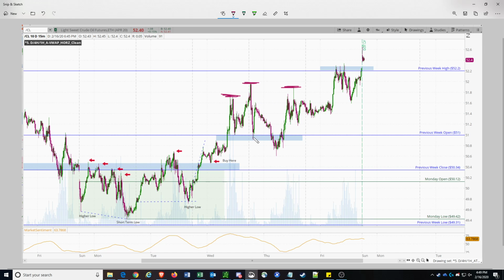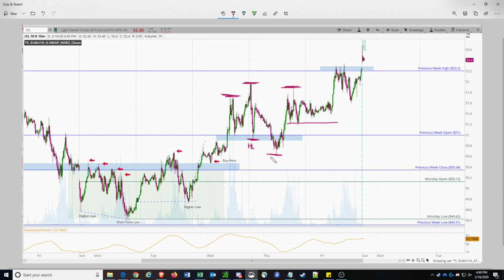So do we get mixed emotions here with this? No, not really. Here's your low pivot. We pivoted low again, and then this looked pretty darn good, right? Here's your higher low. Here's your short-term low or intermediate low.